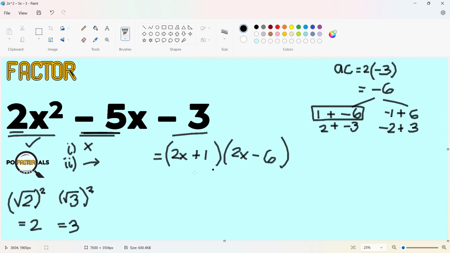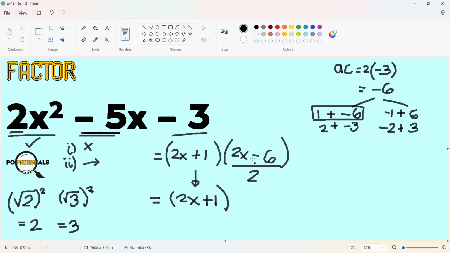Take note, again, when you use the FOIL method, it will not return to our original polynomial, but a version of our original polynomial. What we could do here is look at this. We have 2 and 6. There is a greatest common factor of the coefficients, which is 2. So in this case, I'm just going to copy this first because there's the greatest common factor of 2 and 1 is just 1. So I have here 2x plus 1.